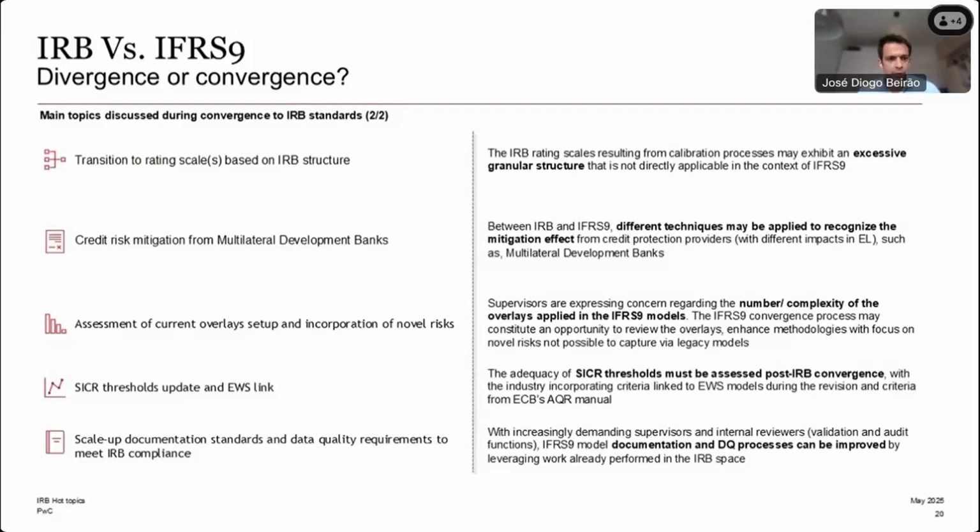SICR criteria. From the credit risk mitigation side, also what we have been observing is that the way some credit mitigants are embedded in the regulatory capital calculation are not fully aligned, or somehow are not even considered in the IFRS 9 side, in the way that the Pillar 1 approach is performed.